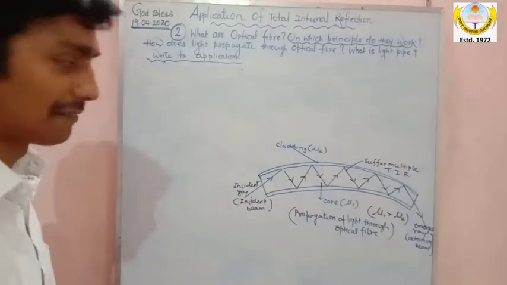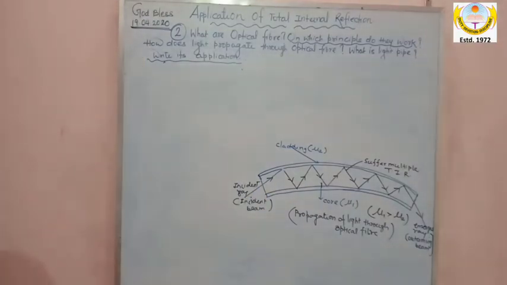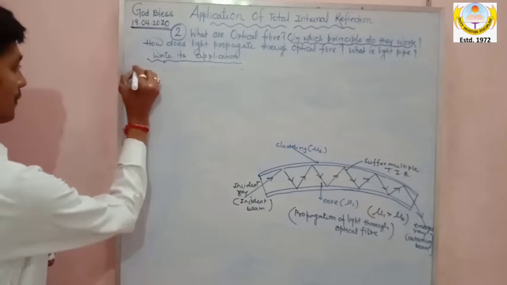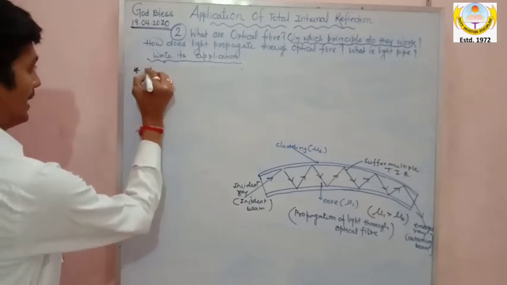So let's start with this topic: how the light is transmitted from one end to the other end with the help of the fiber. This is also a very important question. Let's start with the first point.